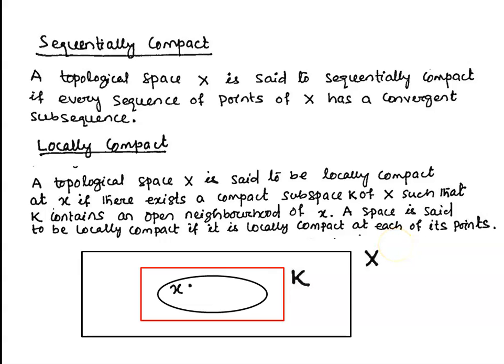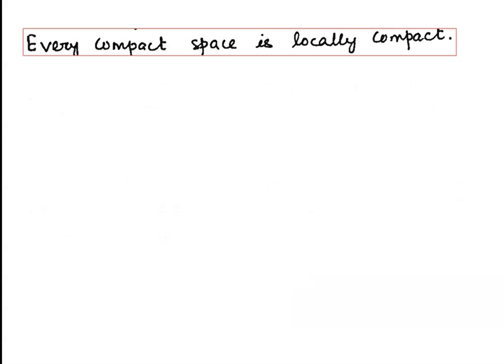And a space X is said to be locally compact if it is locally compact at each of its points. Now the relationship between compactness and local compactness is that every compact space is locally compact.